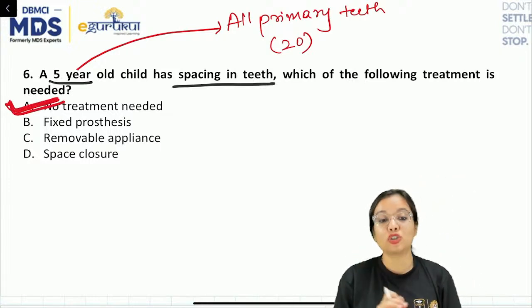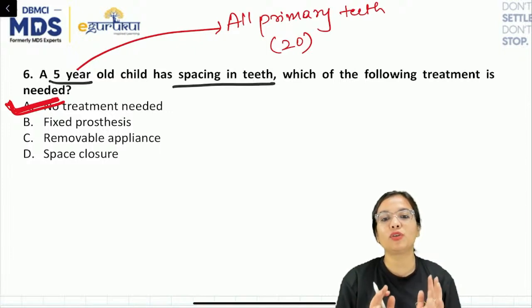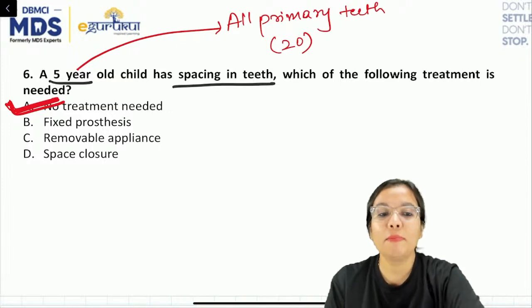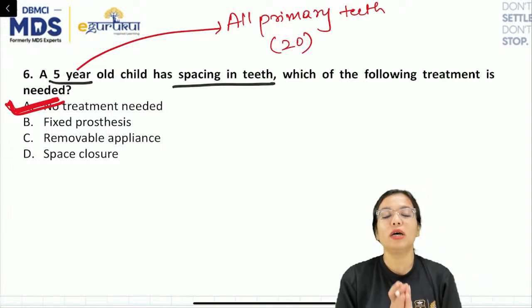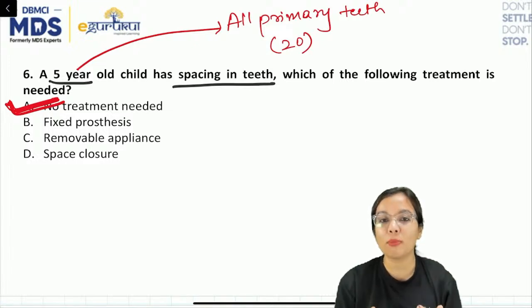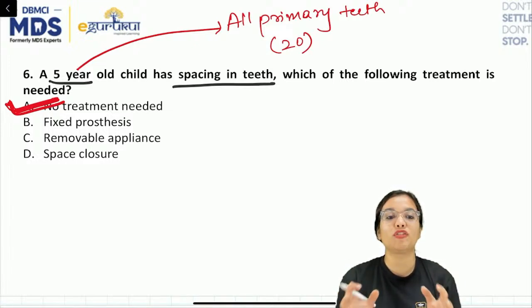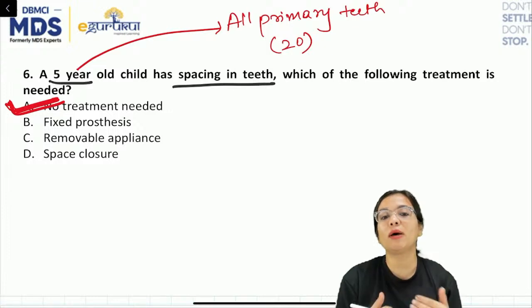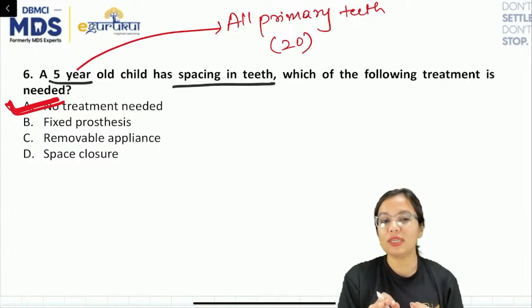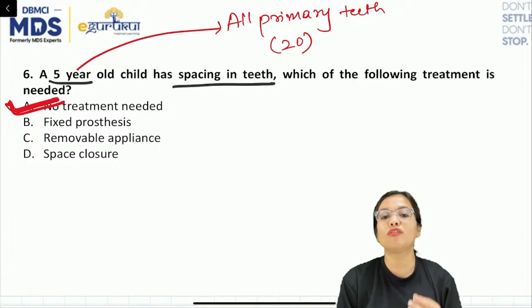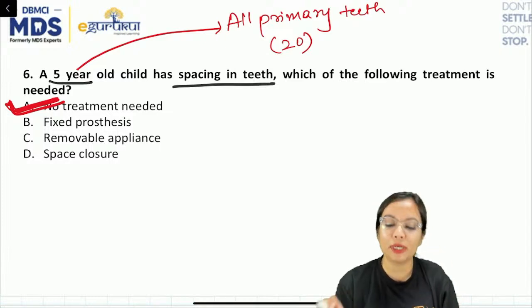Okay, so there is no treatment required in a 5-year-old for the spacing because the spaces naturally occur in case of primary teeth. So spacing in primary teeth is absolutely normal and desirable feature of primary dentition for normal development of permanent dentition, which doesn't need any treatment. Okay, so that is a naturally occurring phenomena. Absence of these spaces can be an indication of crowding happening in the permanent dentition.